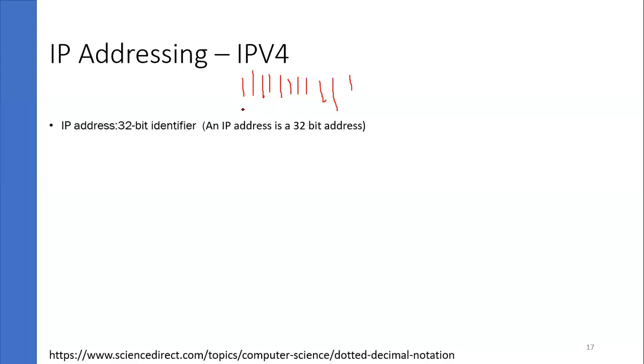Why is it 1 or 0? Because computers transfer or identify information, the network, or the numbers through binaries. So you can't transfer 192 as it is.